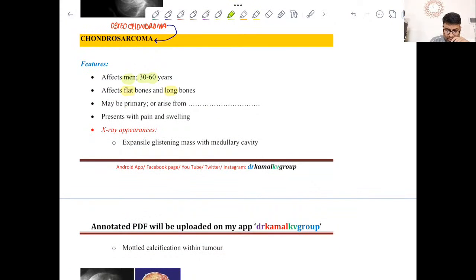It may be primary, meaning it is developing itself for the first time, or it may be secondary when it arises from osteochondroma. So when it is arising from osteochondroma, you will call it secondary. When this condition is developing itself for the very first time, that is known as primary.